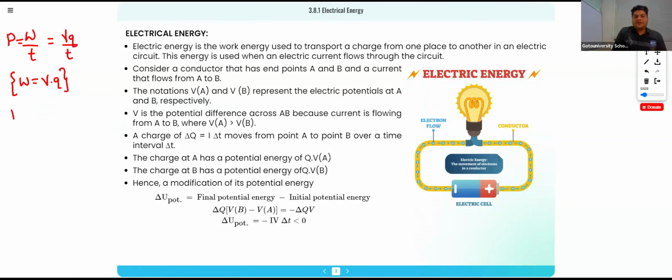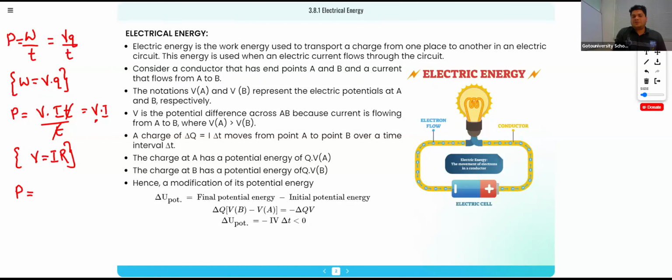Then after that we have power is equal to V into, what is Q? Q is I into T, over T. So T and T will get cancelled and you will get V into I. After that we can write from Ohm's law, V is equal to IR. So in place of V, I am substituting this value.